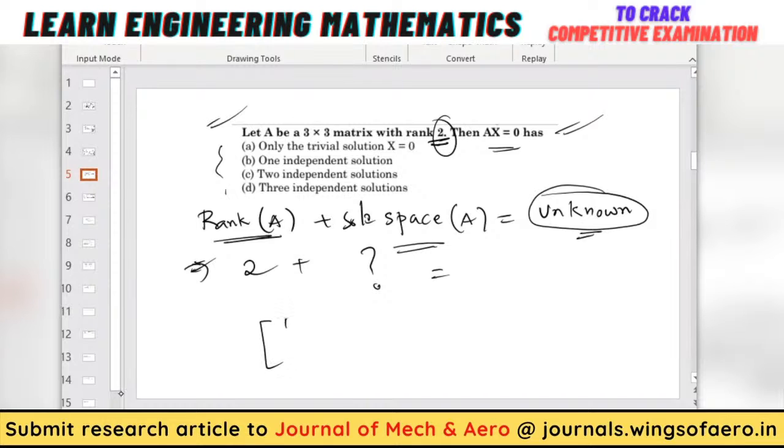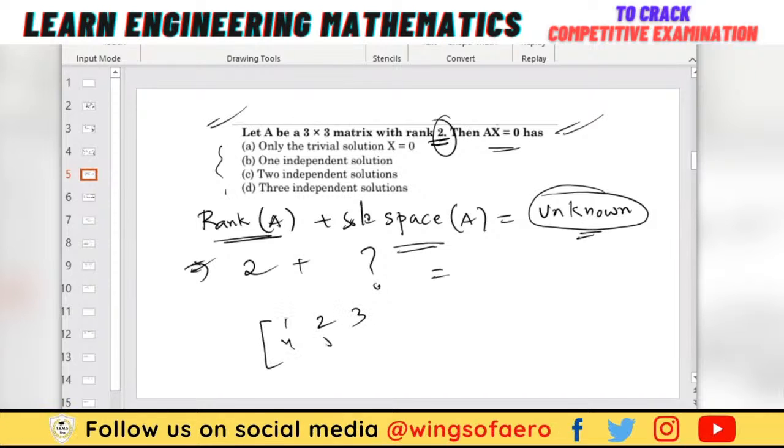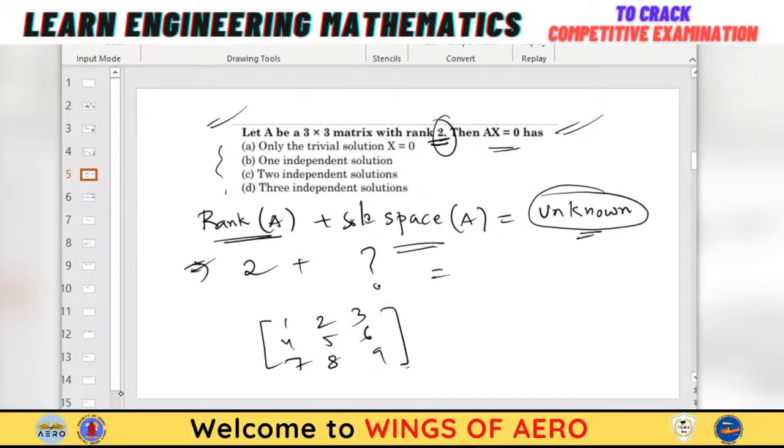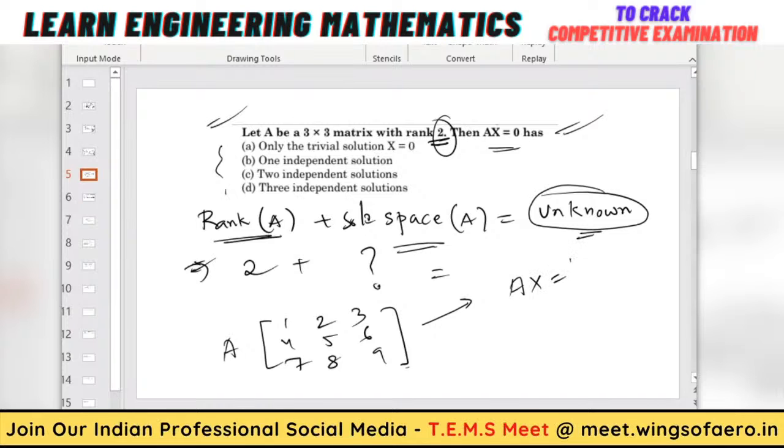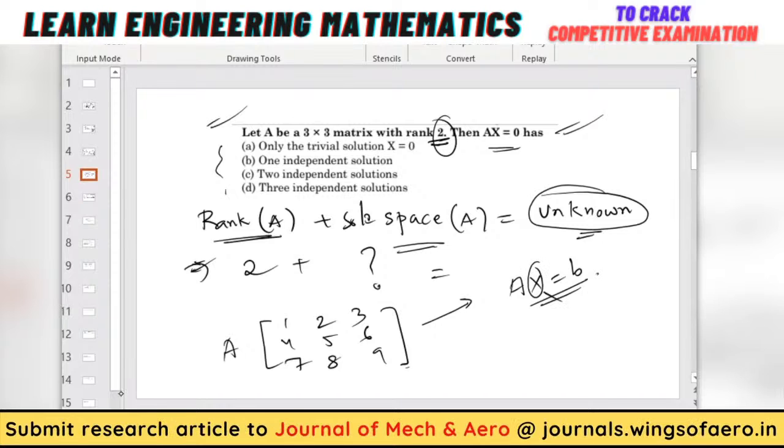Suppose a matrix 1 2 3 4 5 6 7 8 9 is given to you. This is the A matrix. Suppose this matrix is equivalent to the system of linear equations Ax = B, where x is the vector of unknowns.